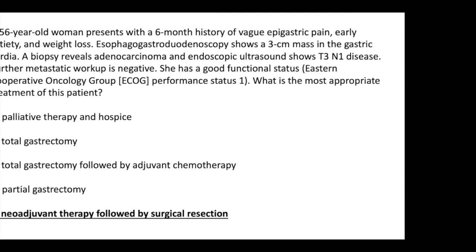If it invades into the submucosa, the first bright layer, it's a T1b. T1b gets a formal resection with a lymph node dissection, whereas T1a, you can do an endoscopic mucosal resection. If it invades into the muscularis propria, that second dark band, it's T2. And then into the serosa or beyond the serosa is T3 and T4 respectively.